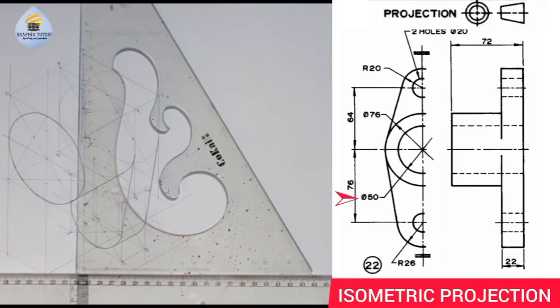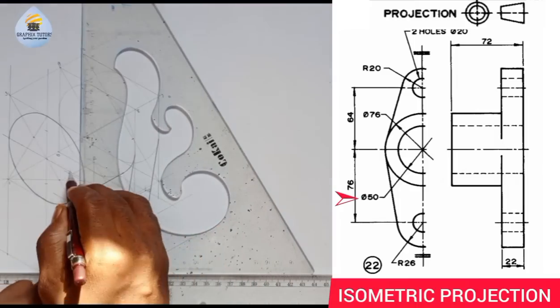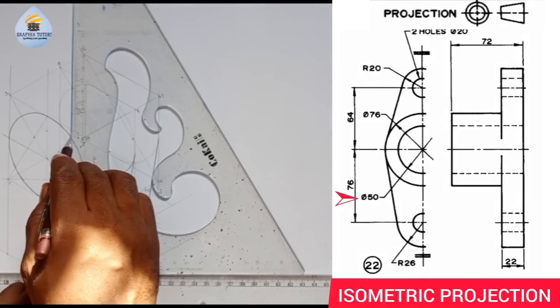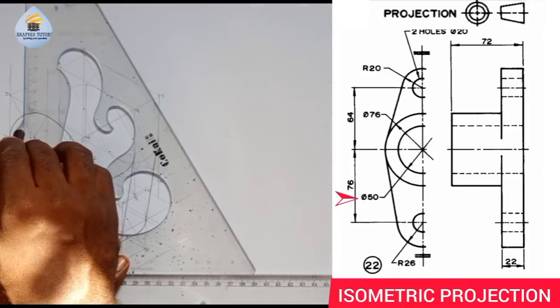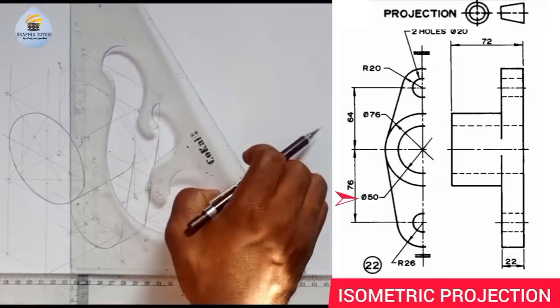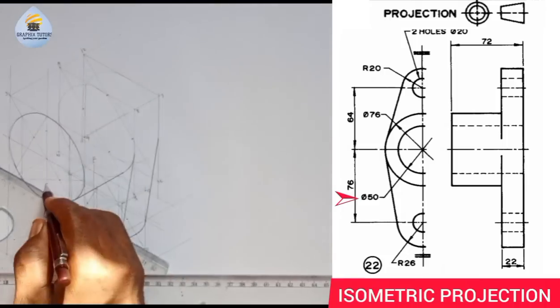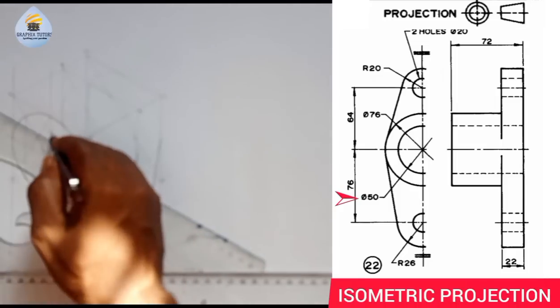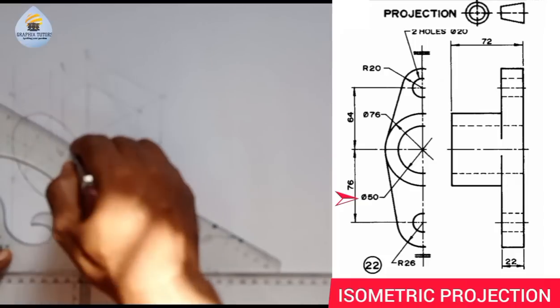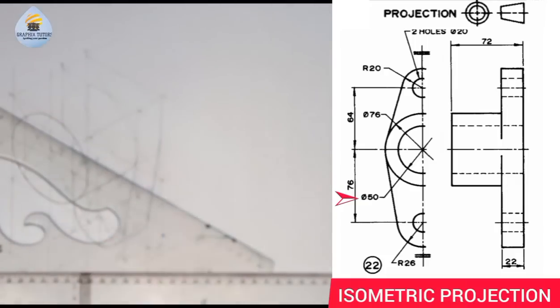So if I'm doing that, I'll draw a line that will pass through each of those points. This way, this way, this way, and this way. Hope you can see that.